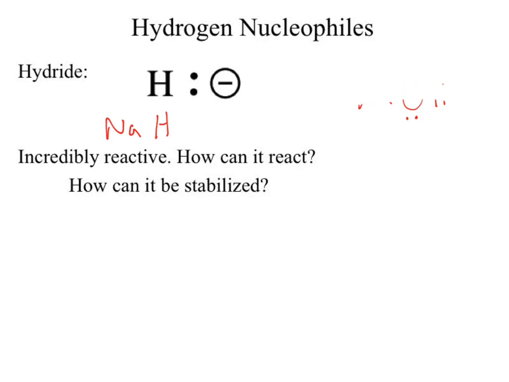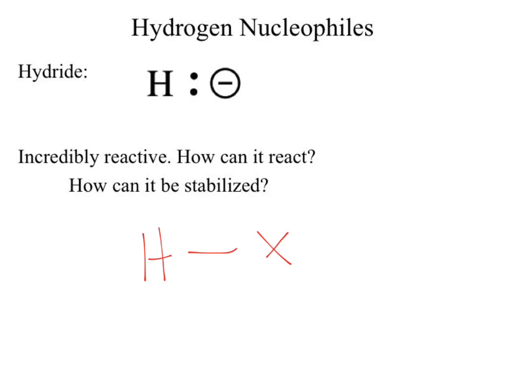We need to find some species that is willing to accept some electrons, right, but also be willing to give them back immediately. There are certain elements on our periodic table that work perfectly for this. And those would be in group 13.